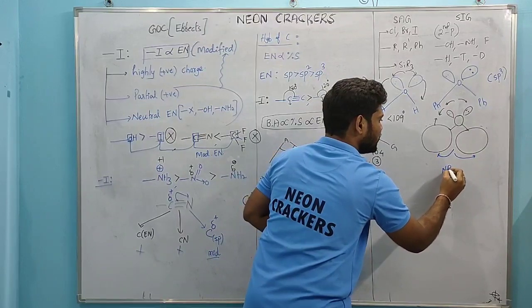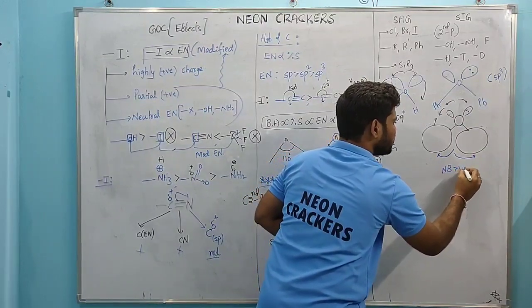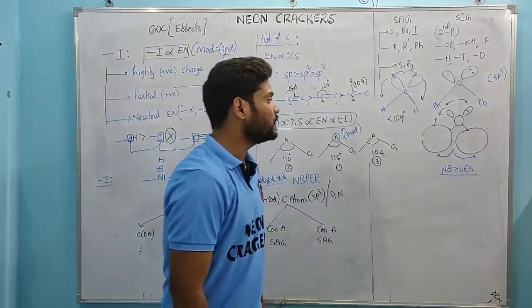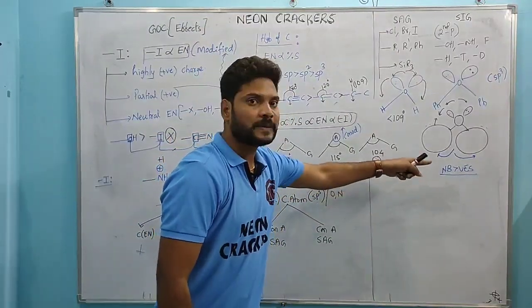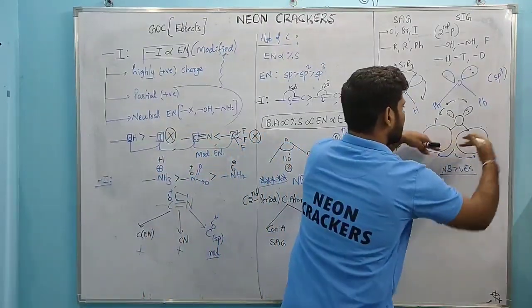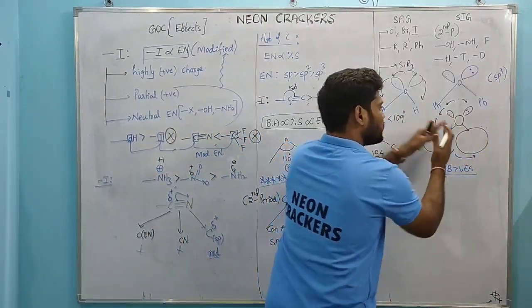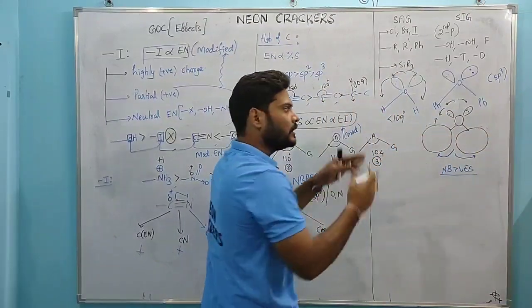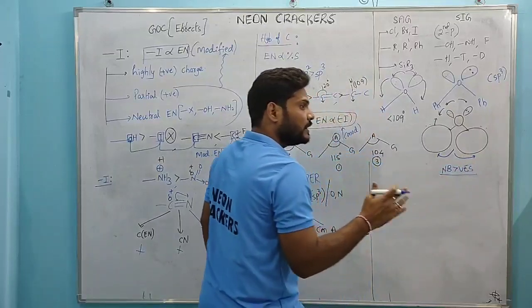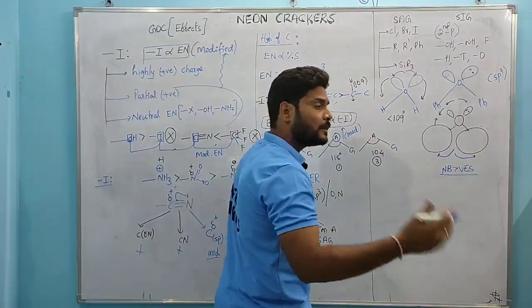So non-bonding repulsions, which means steric repulsions, are greater than VSEPR repulsions. So what is happening here? It is extended. Because of this extension, what happened to the bond angle? Increased. That bond angle is even greater than the hybridization angle.